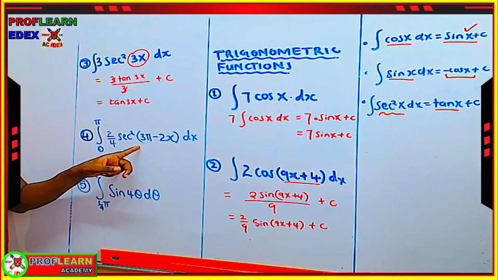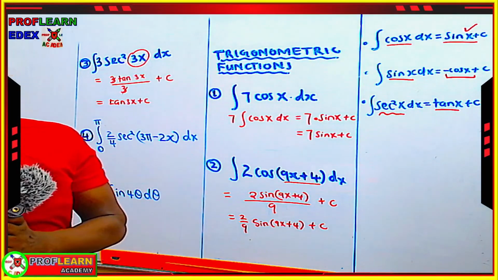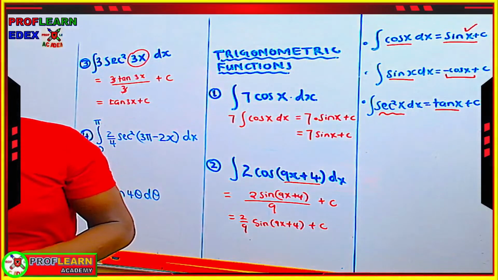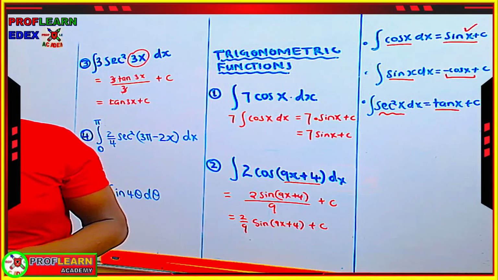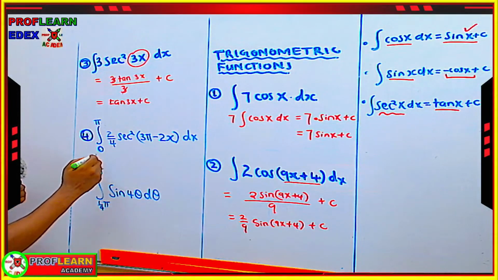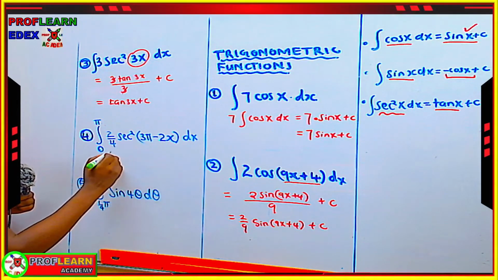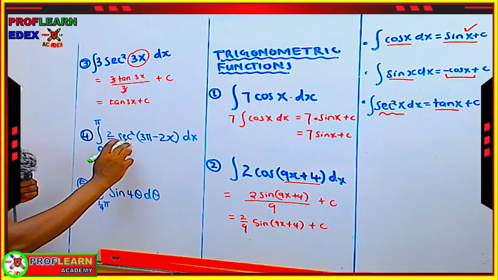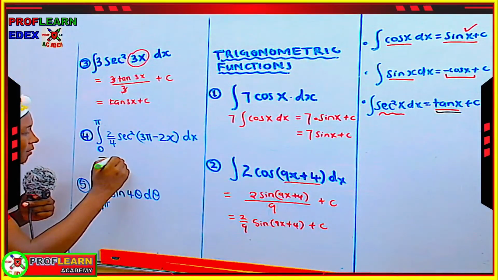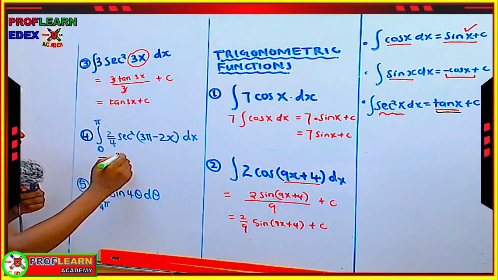Now this one also we are going to do in the same way. Integrating sec squared, we are going to get tan. So we can say this will be 2 over 4, the way it is.